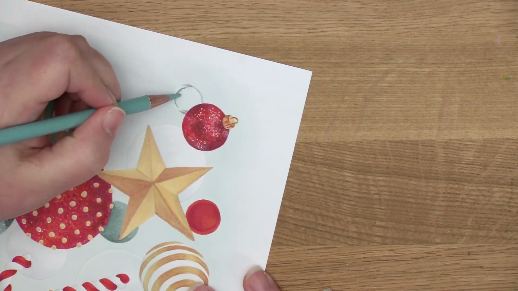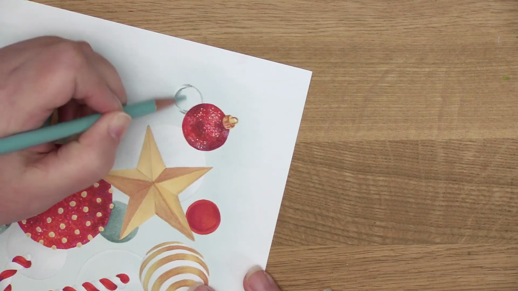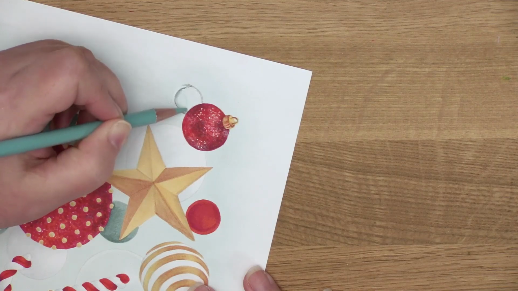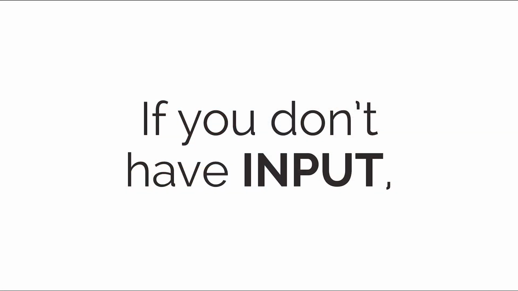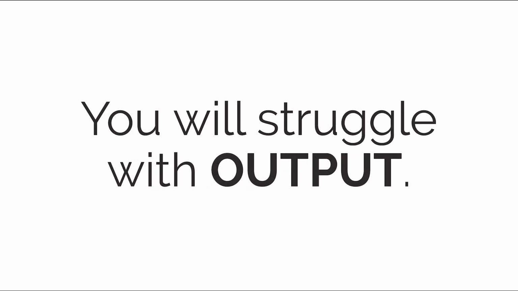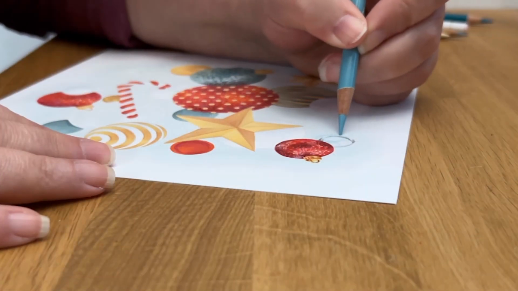So, the first part of your color palette planning has to begin with days, months, or even years of observing the colors of life around you. If you don't have massive amounts of input, you're going to struggle with the output. You've got to start paying attention to the colors and the color interactions in your daily life if you're ever going to show us what you see.